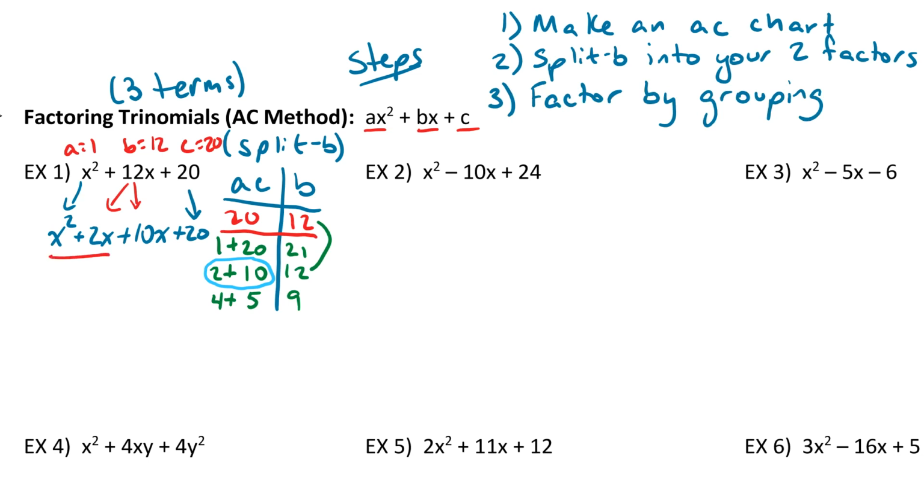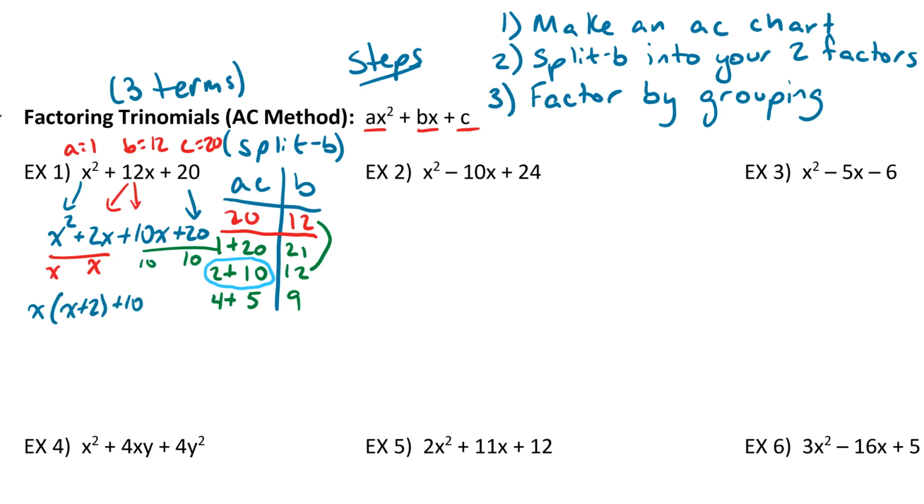So we're going to group our first 2 terms and our last 2 terms. For the first 2 terms, the GCF is x. So if we take out that x, it's going to be x times x plus 2. For our last 2 terms, GCF is 10.